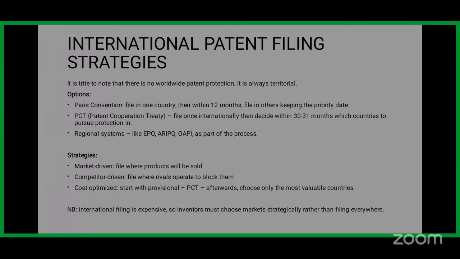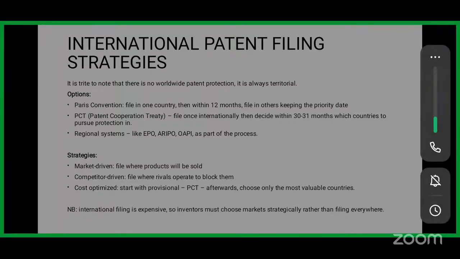a country that is a signatory to the treaty, if you file in that country, you can file in another country that is also a signatory to that treaty. Let me give you a practical example. Nigeria is a part of the PCT. It recognizes foreign priority.